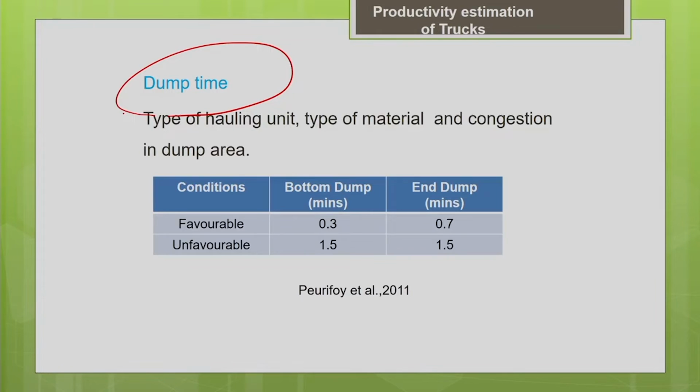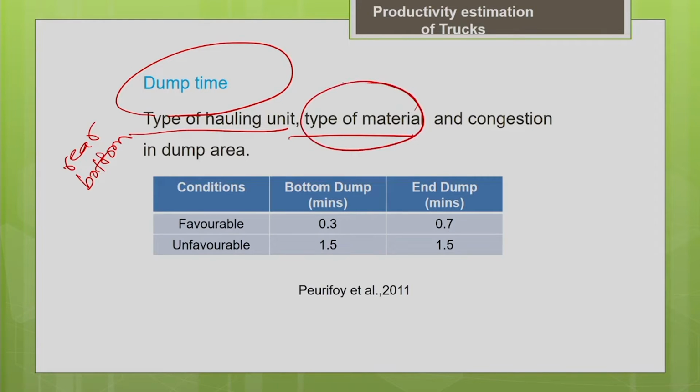So, next is about the dumping time. As we discussed earlier, the dumping time will depend upon the type of hauling unit, whether it is going to be rear dump, bottom dump, or side dump. Accordingly, the dump time will vary. Whether the material is easy flowing material or sticky material, or blasted rock, all these things will affect your dumping time.